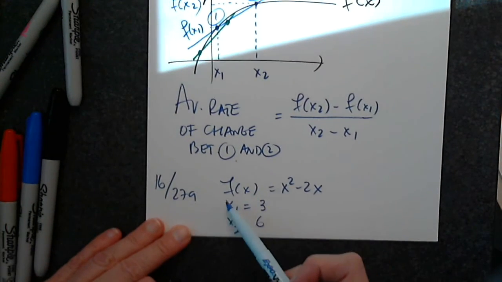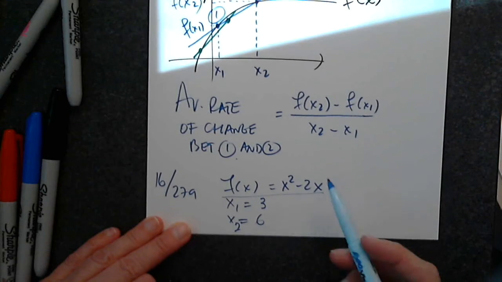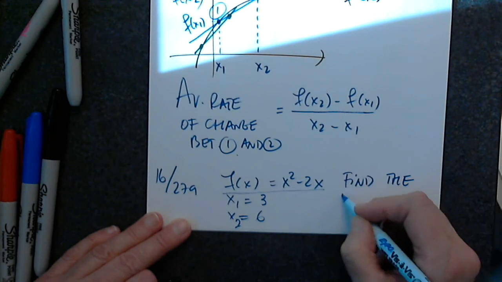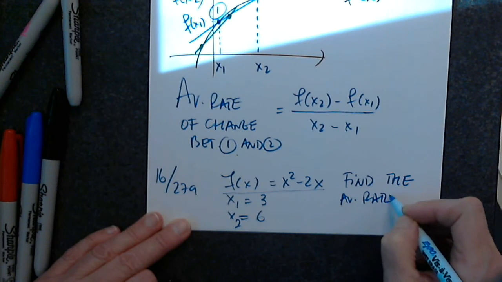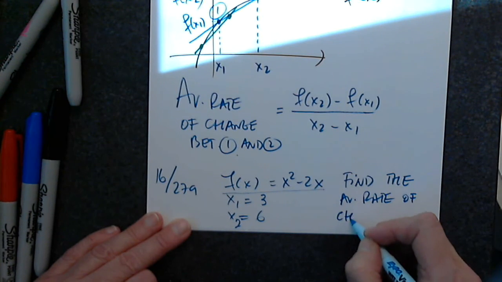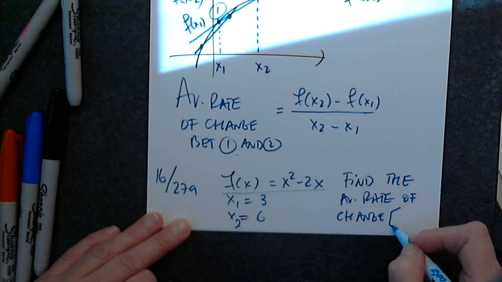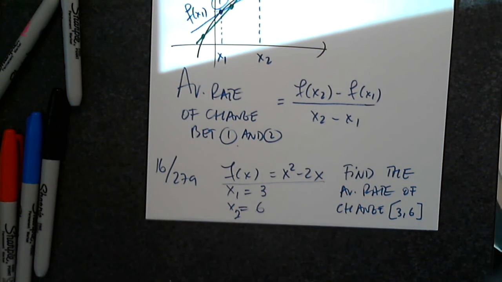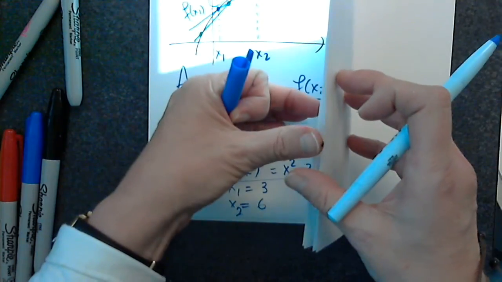Okay, so we're given this function, and we want to find the average rate of change between 3 and 6. Can anyone tell us what to write?